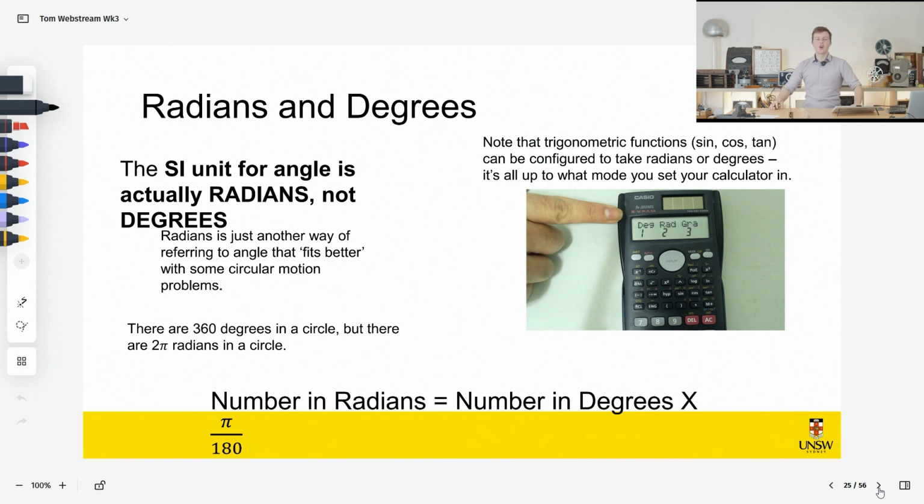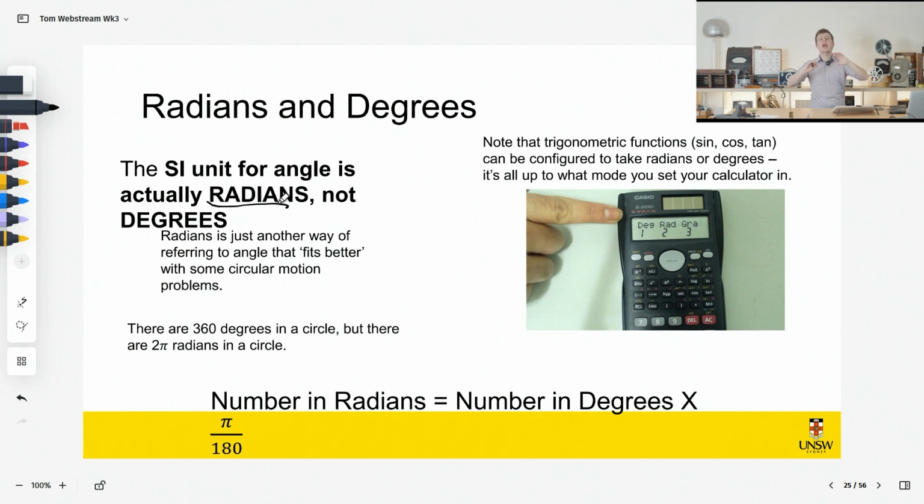Now, before we begin, whenever you're using angular variables like theta, in terms of angular displacement, whenever you're doing uniform circular motion, basically, the SI unit for angle is radians. And we're going to learn some formulas that only work in radians, not degrees, okay?